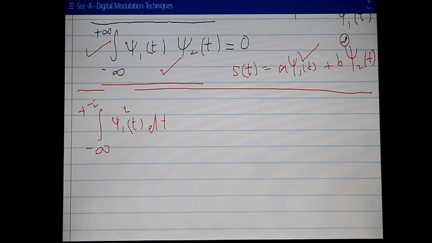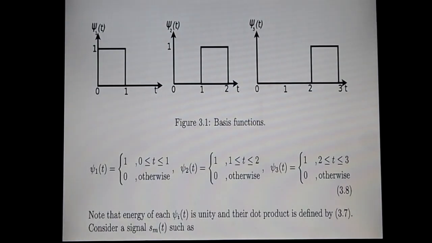If I integrate this, you can see that this signal is 1, square of 1 in this limit 0 to 1, and if I solve this integral, it is unity. So the energy of the signal is unity.